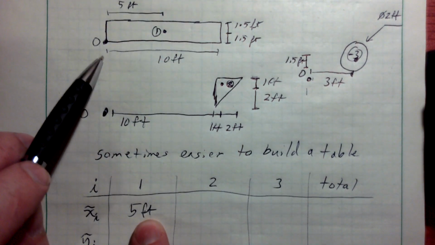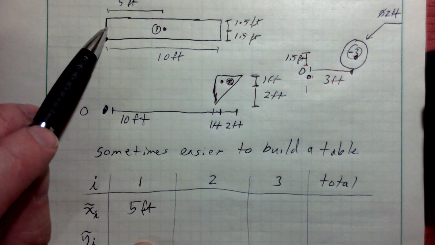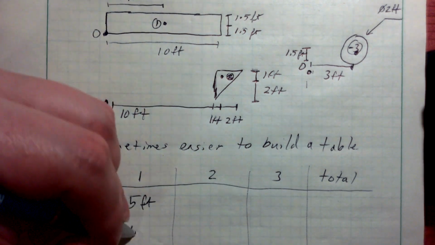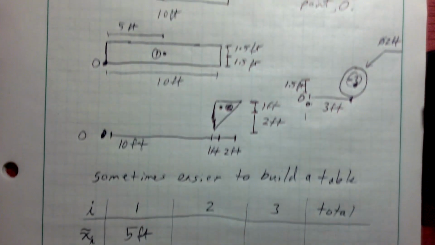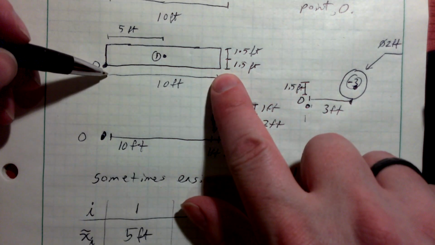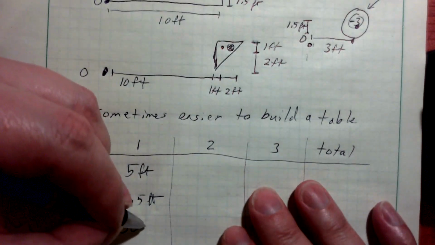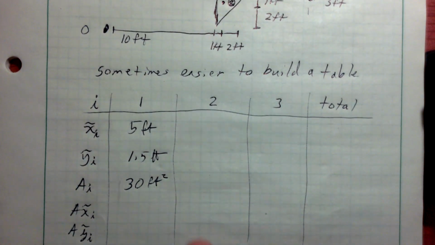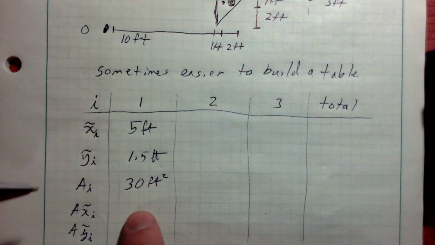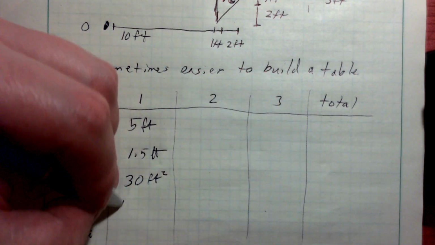The y location is going to come next. So from the bottom up, from point O up to the middle of this is 1.5 foot. The area, it's a rectangle, 10 foot by 3 foot. So the area is 30 foot squared. And so then I'm just going to find this 30 times 5. 30 times 5 is 150.